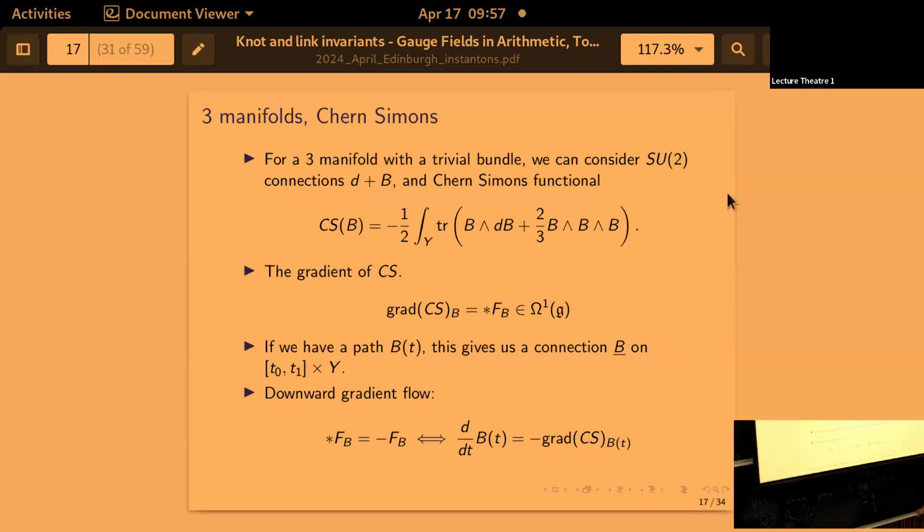And basically what we're going to want to do is study this space of connections mod gauge with Morse theory. So you're going to think of this Chern-Simons functional as a Morse function, and then we're going to do Morse theory on this space.